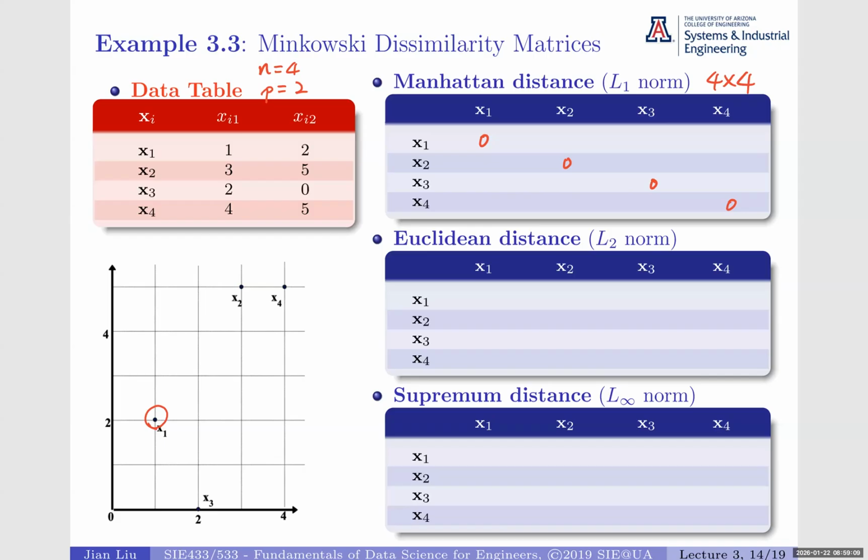x1 and x2. The Manhattan distance, L1 norm, summation of absolute distance according to different coordinates or different dimension.